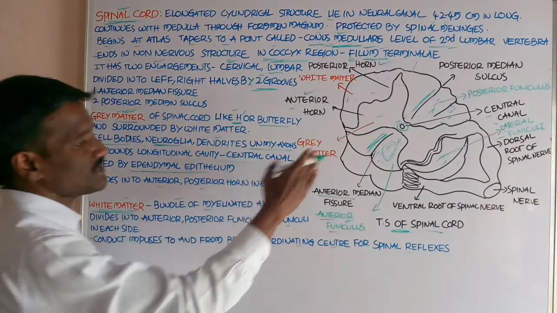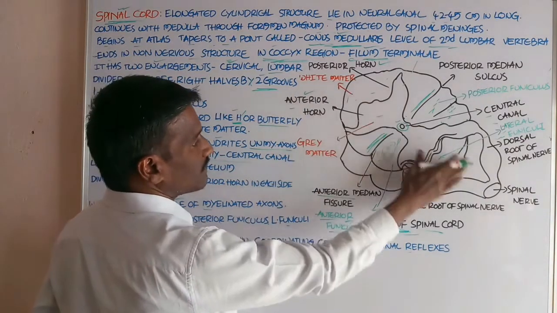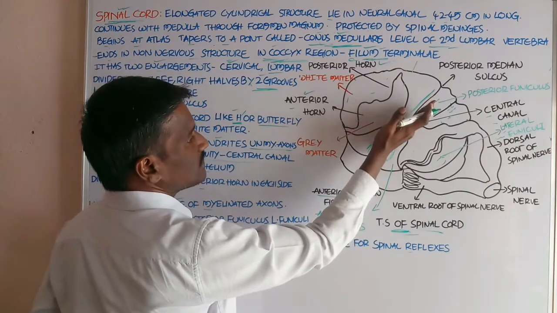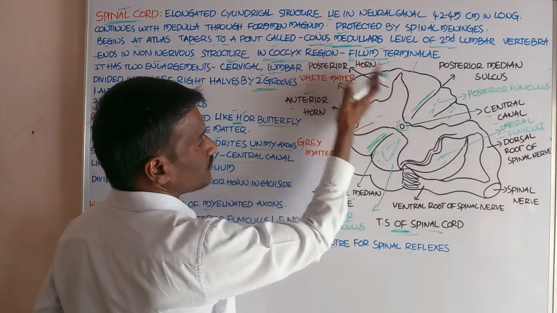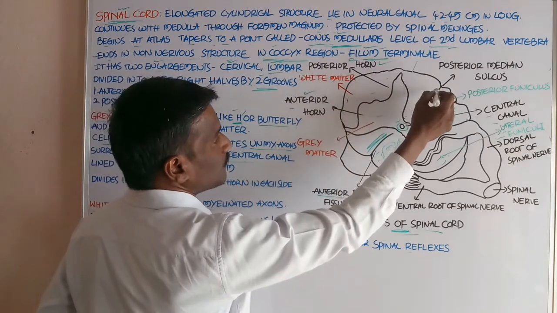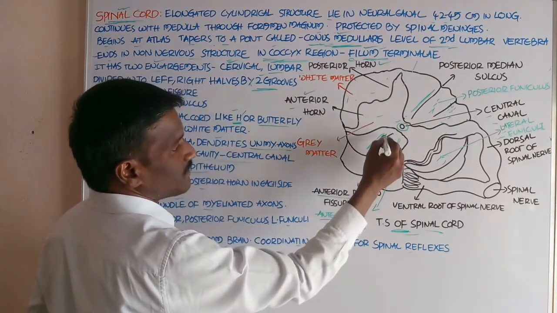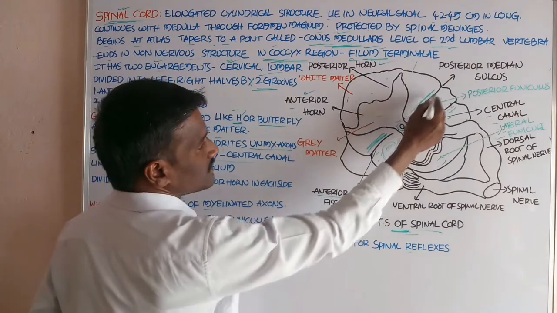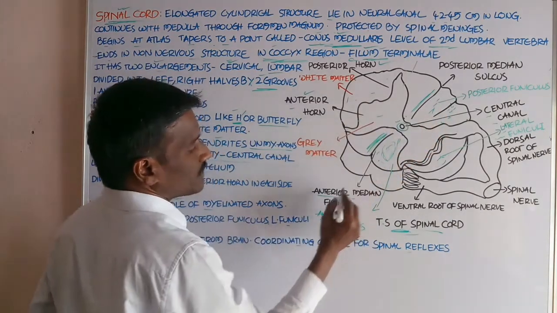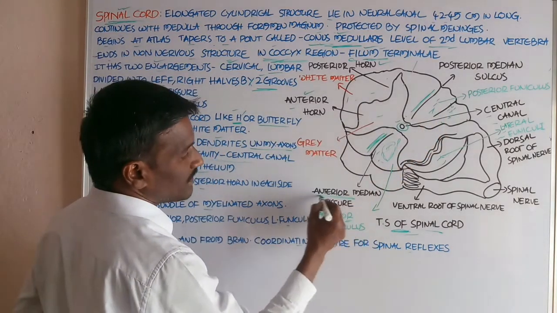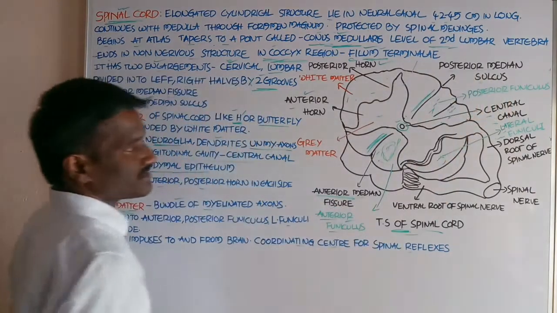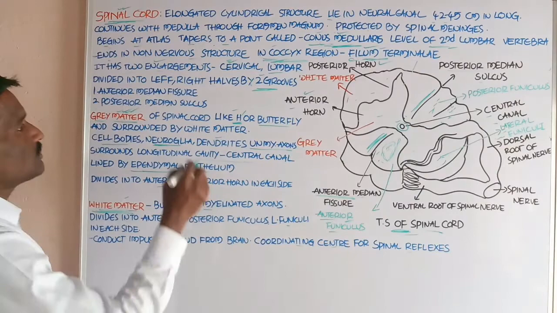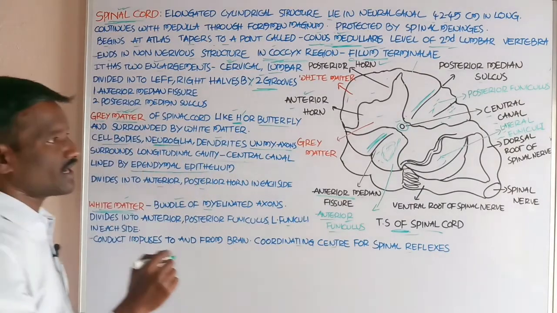This is the transverse section of the spinal cord, which is divided into two halves, this one half and this another half, by two groove-like arrangements. These are called the anterior median fissure and the posterior median sulcus. What about the gray matter?